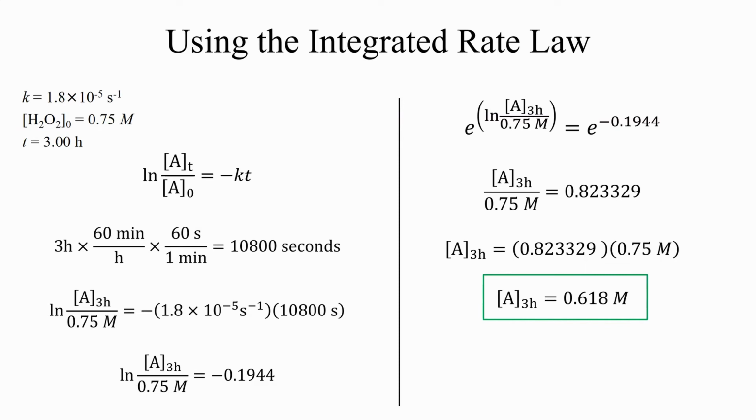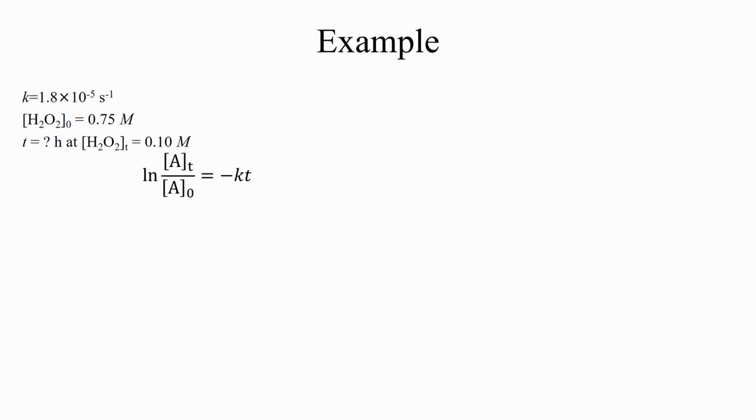Now this makes sense, that over time the concentration of the reactant is going to go down, and it did drop from 0.75 to 0.618. Now we want to calculate how long it's going to take in order for the concentration to drop to 0.10 molar. Same starting concentration, we know our rate constant, now we just need to solve for time.